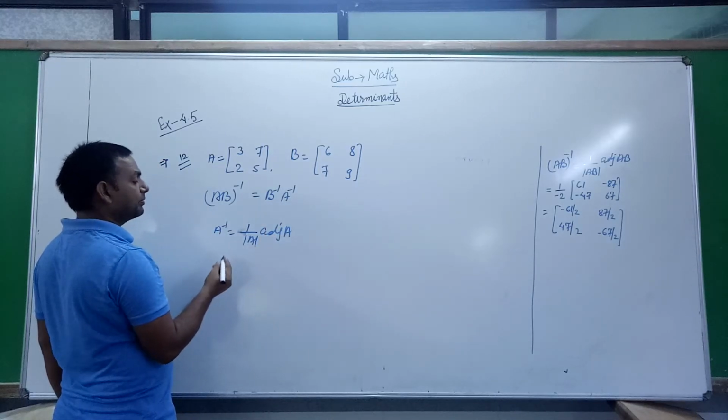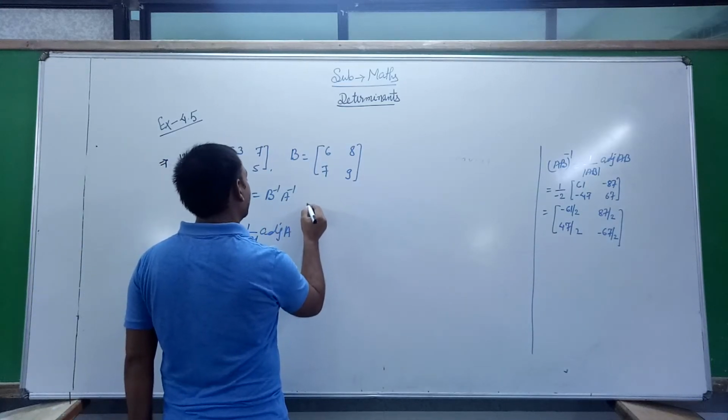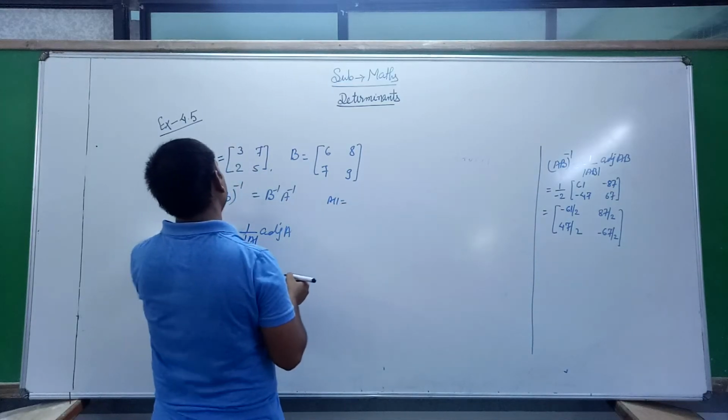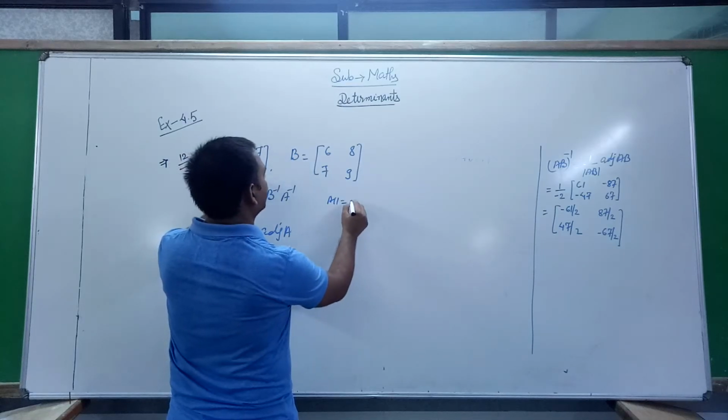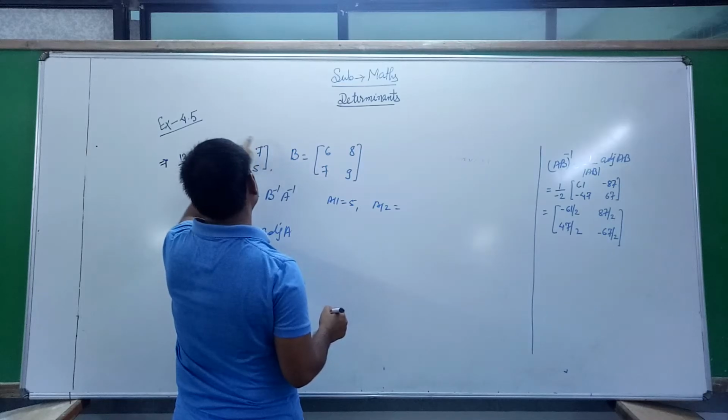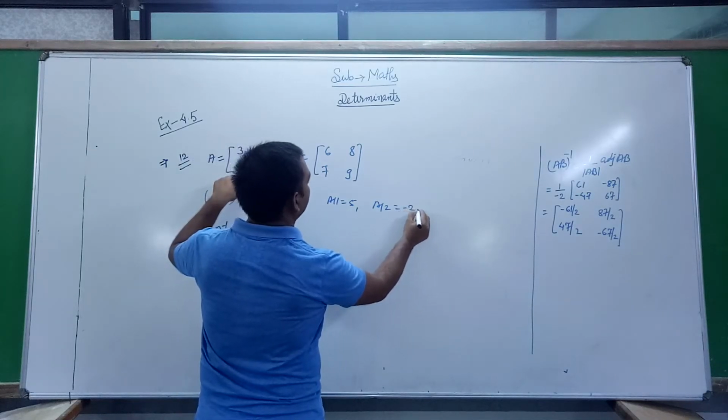So first we find A11, that is first row and first column, which is 5. A12, first row and second column, is equal to minus 2.